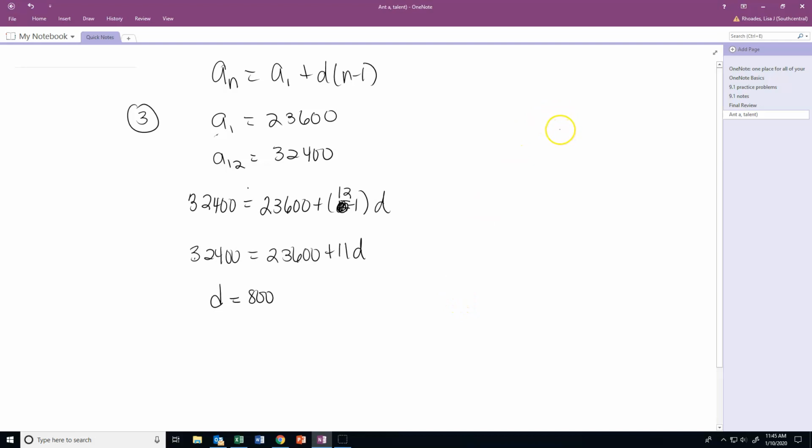Now the second part is I need to figure out in what year would it cost $36,400. So using the same formula, I'm going to take 36,400. The first year is still 23,600. I don't know what year, but I do know that the common difference is 800.